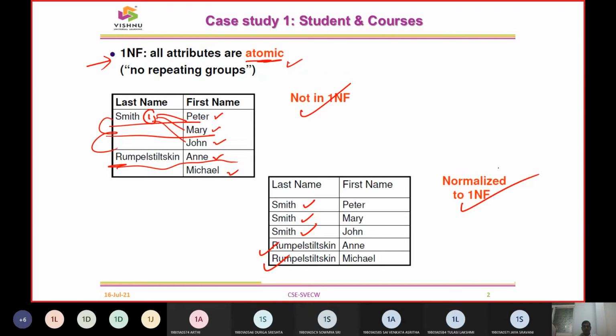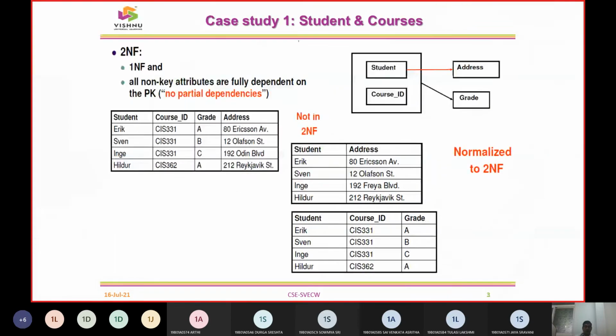Therefore, at no point is the column empty; the column carries some data. So the atomicity of the attribute is met, and hence we can say this is in the first normal form.